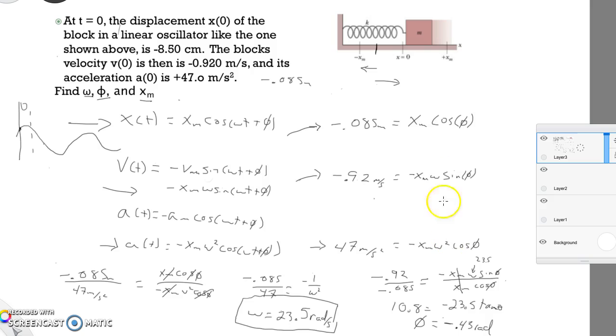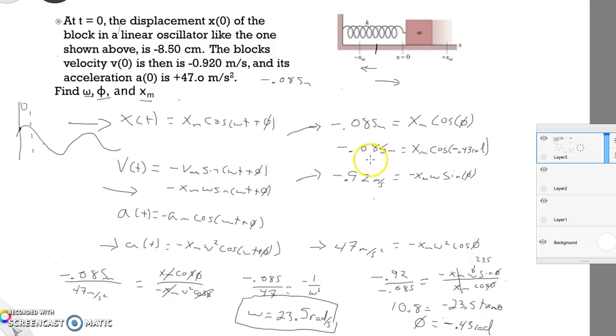Okay, so the last thing to do now is to find the amplitude. All we're going to do is put in negative 0.43 right here, so that negative 0.085 meters equals x sub m times cosine of negative 0.43 radians.